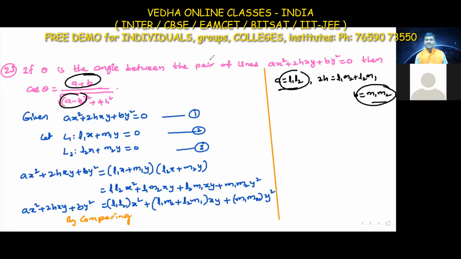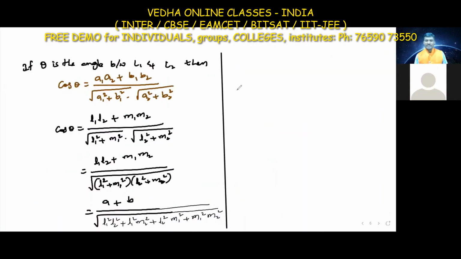Okay, so the denominator is equal to a plus b writing as it is, and whole divided by under root of L1 square L2 square, M1 square M2 square. The first term and the last term I am writing together, L1 square L2 square plus M1 square M2 square.